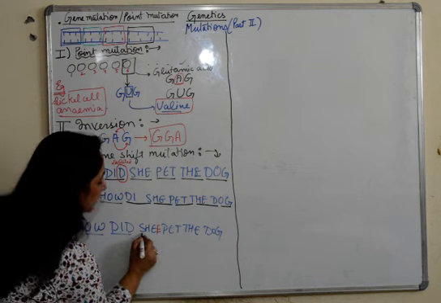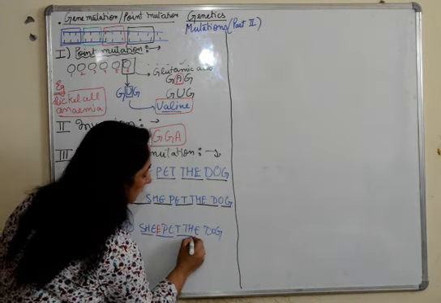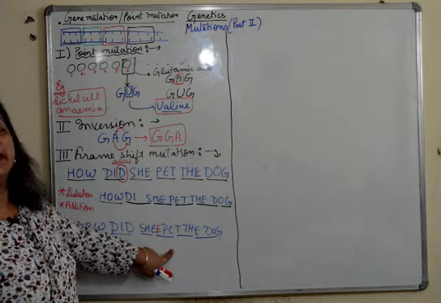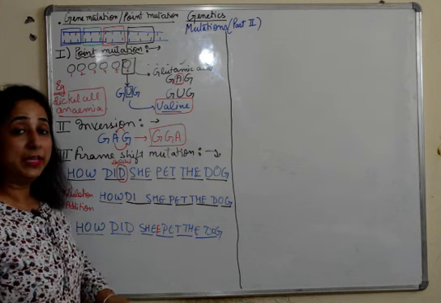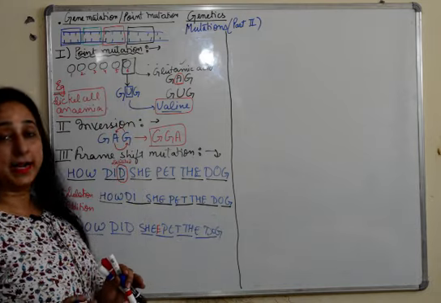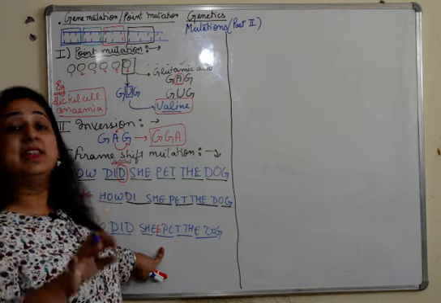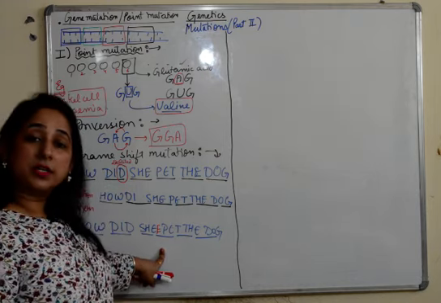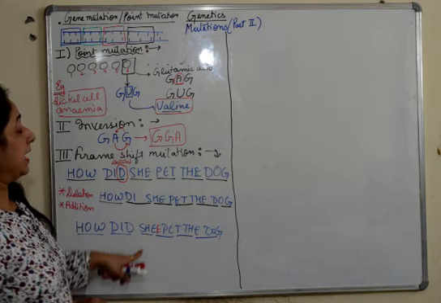How did she ep tth edo and g. So it does not make any sense. Fine. So what I'm trying to tell you is that in frame shift mutation the whole frame changes. It will be read as triplets, but due to this addition or deletion, the whole sequence changes and the meaning and the products formed will change. Fine. So this is frame shift mutation.